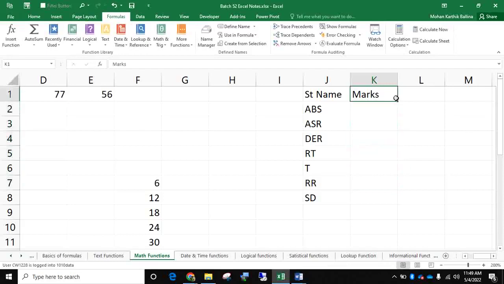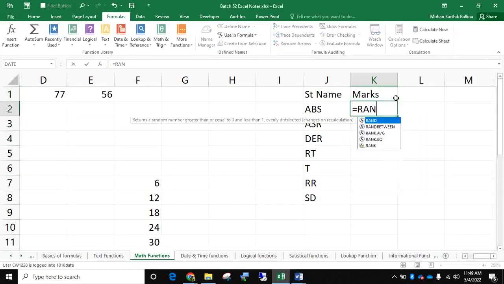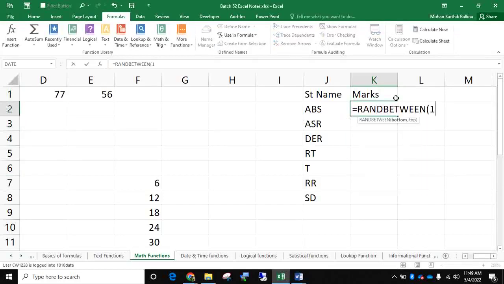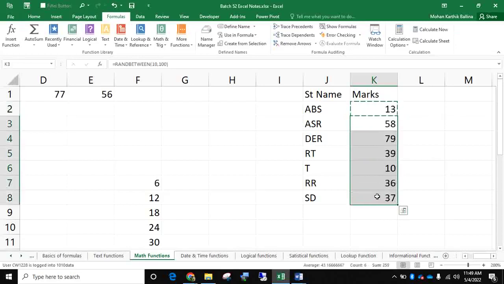Just use the formula RANDBETWEEN 10 to 100 and press enter. Once you get the value, you can copy the formula and paste it into the other cells.